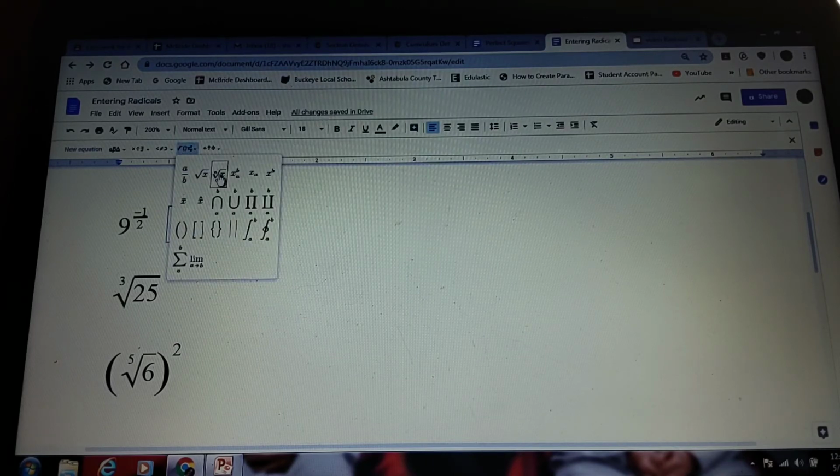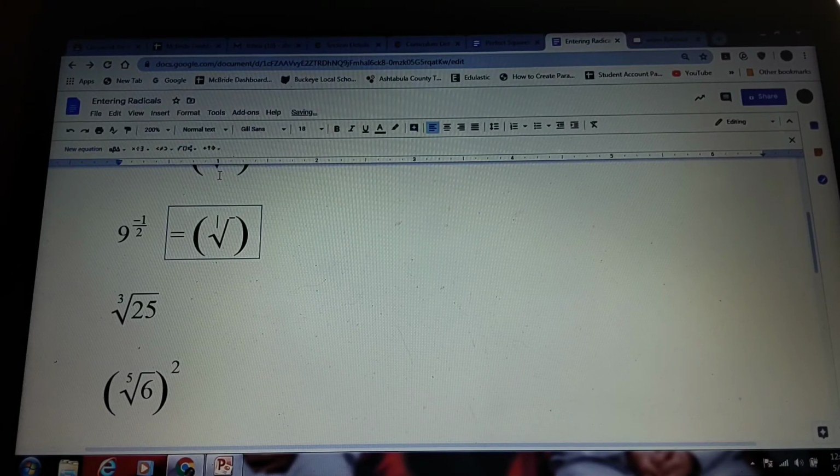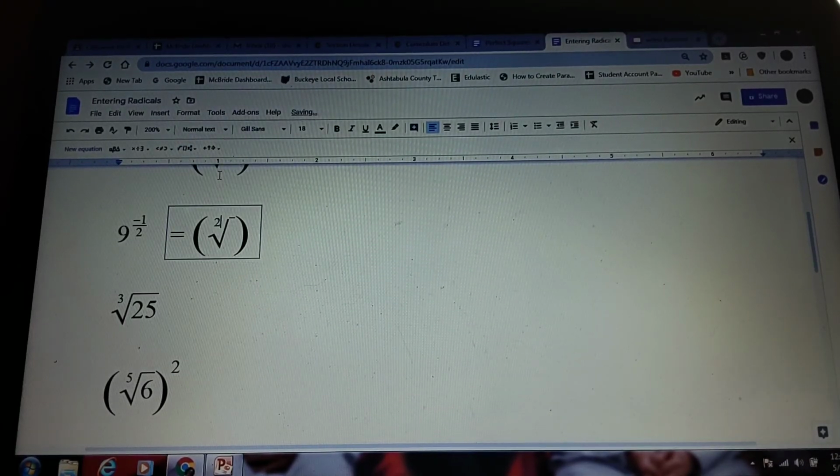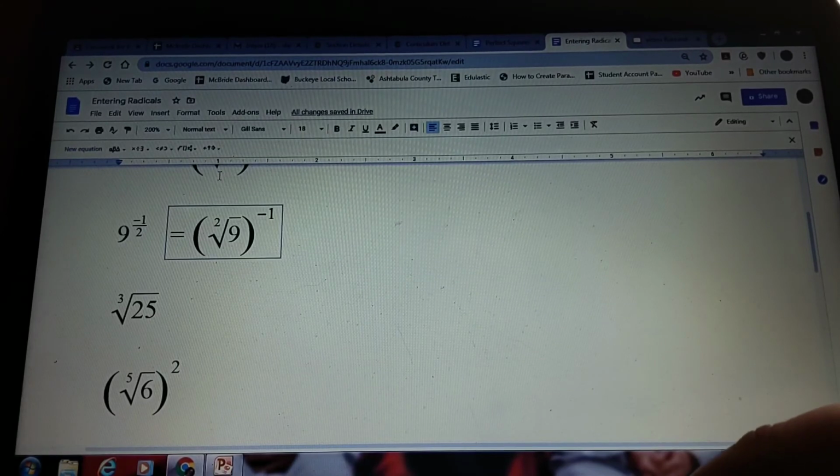Math toolbar, radical. Okay, I'm going to type in my index, which is 2. Right arrow over. Type in my radicand, which is 9. Right arrow over. Right arrow over. Right arrow over. So now I'm up in my power at -1. Right arrow over, equals.